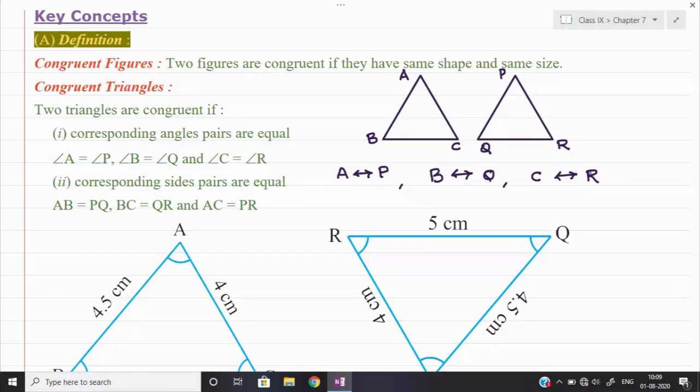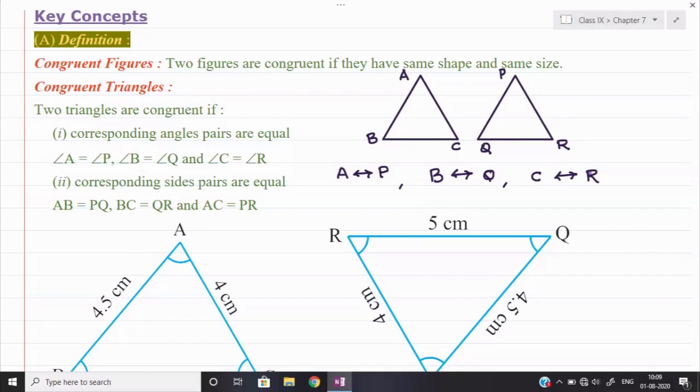And the sides which are coming on the right side, AC and PR, are also corresponding to each other. Right. So here corresponding means those two sides or angles or vertices which have the same location in both the figures. So here they are talking about corresponding angle pairs being equal.